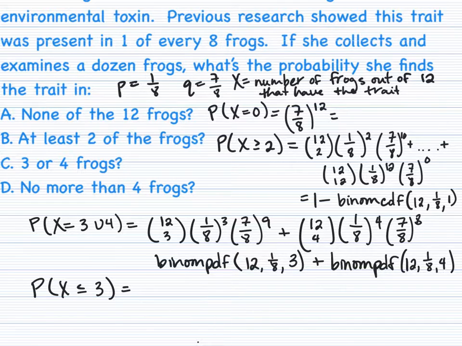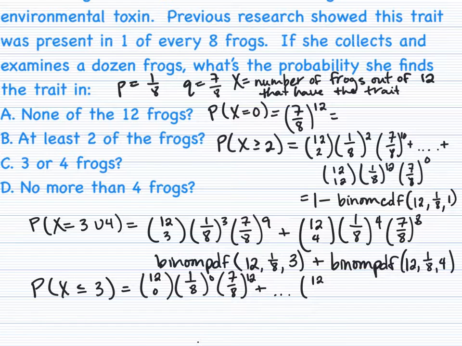So we do that the same way that I did above. So 0 for the successes, 12 for the failures, plus up to 3. So 1/8 to the third, 7/8 to the ninth.